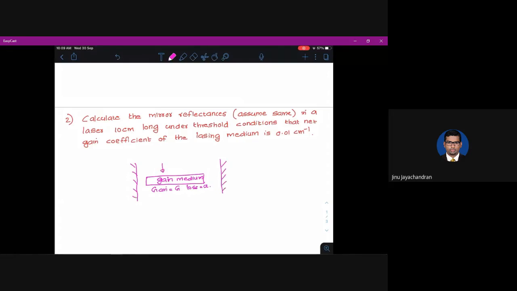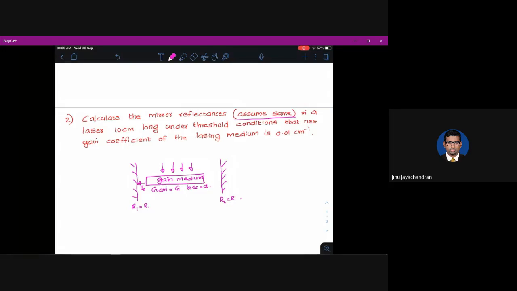There is a pumping mechanism which pumps in the energy so that population inversion happens. Now it will start radiating light of intensity I0. The reflectivity R1 is equal to R and R2 is equal to R, because the question says they have the same reflectivity.